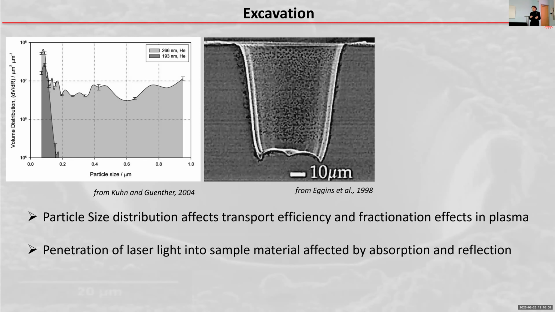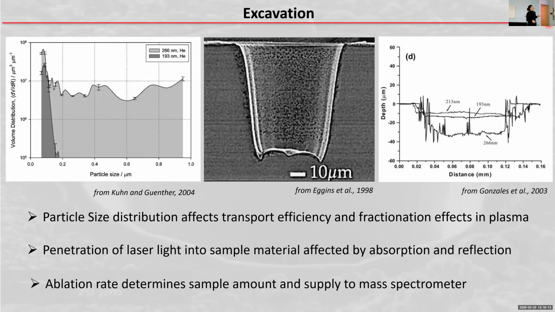Also, the penetration depth of the laser makes a huge difference, because you need to know how much material you're actually excavating. This is different from laser to laser, depending on the wavelength, but also on the pulses, and on the parameters that you set on your laser and on your laser ICP-MS system. There are several parameters that I'm not going into specifically. There are repetition rates.